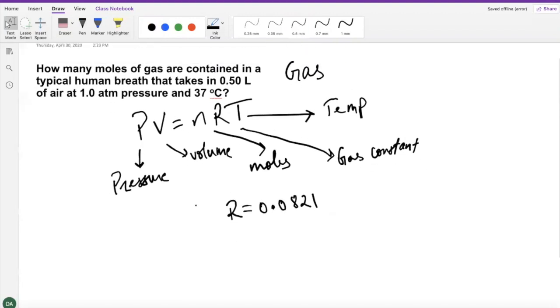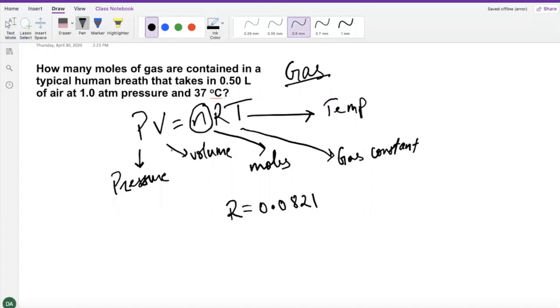Imagine you're thinking about a gas in a chamber, or, let's say, the amount of air in a car tire. What do we find out? The pressure. So when we talk about gases, N is moles, and moles tell us the amount of gas we have.